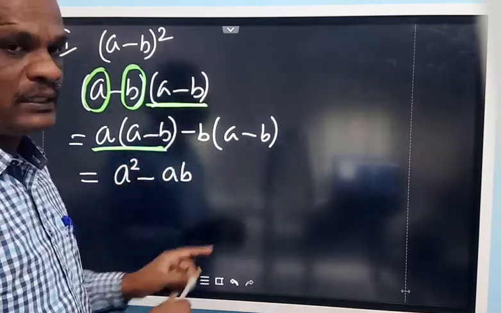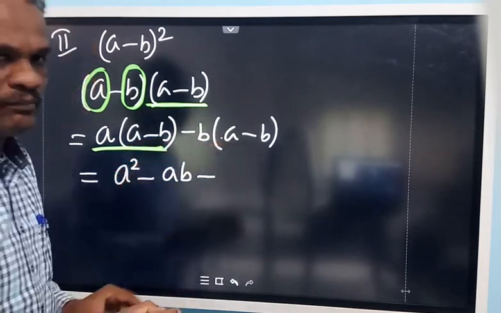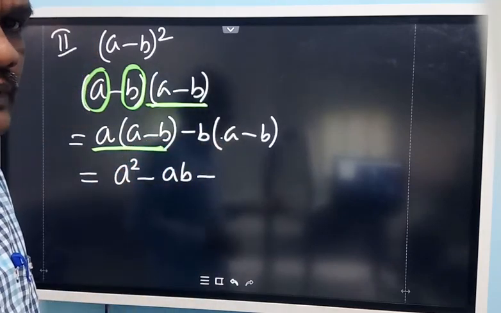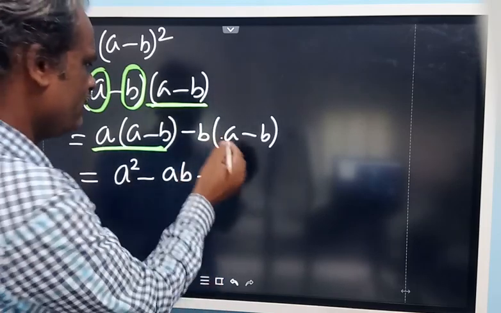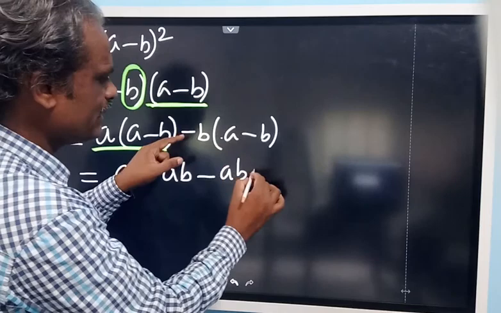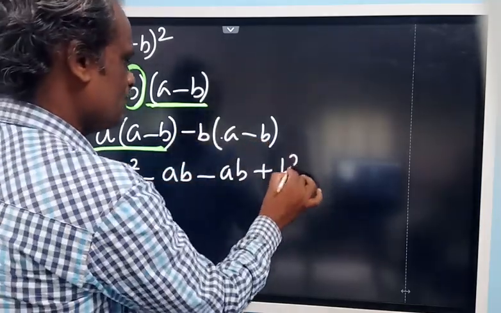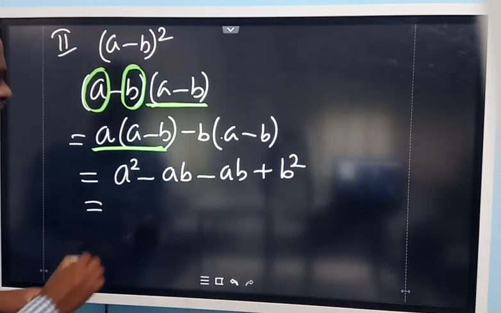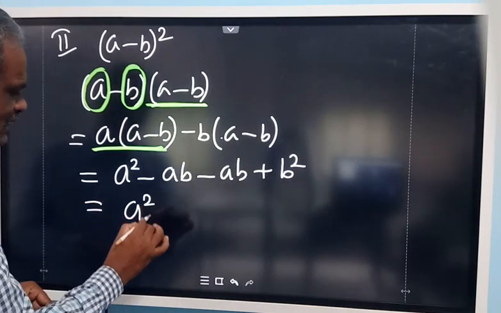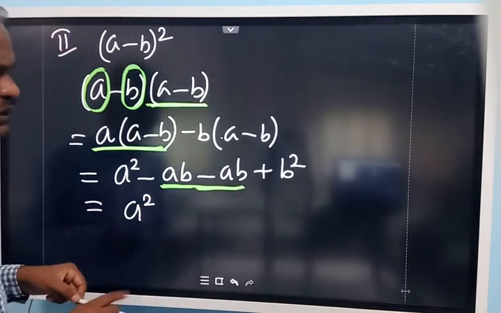Come to the second part. Minus b, minus into plus is minus, b into a, ba. It is commutative, you can write ab also. ab or ba both are the same. I will write it as ab. Then minus into minus is plus, b into b, it is b². Now look at this: first we write a² as it is. Here the like terms, minus ab and minus ab, both are like terms.